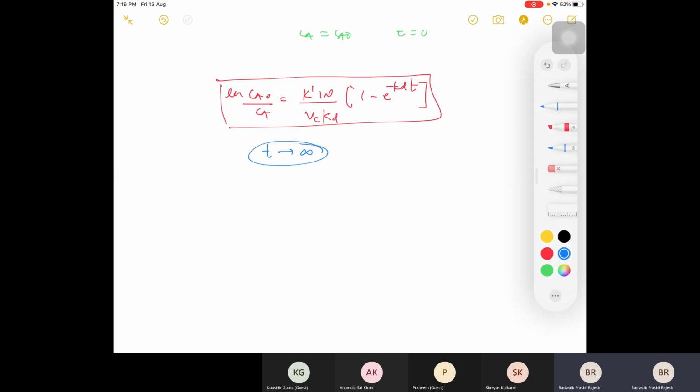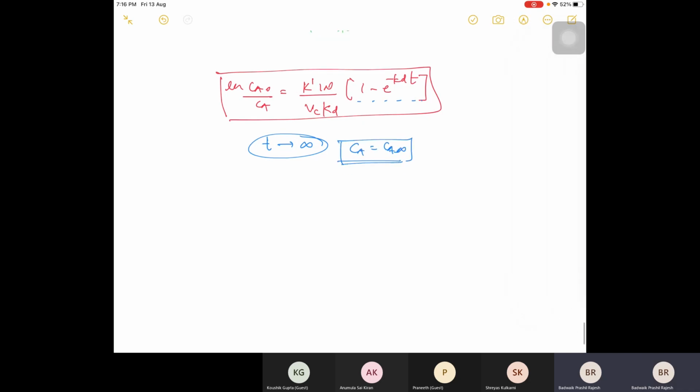Suppose if you substitute t equal to infinity in this equation, you will get CA equal to CA infinity. In that case, you will have ln of CA0 divided by CA infinite.